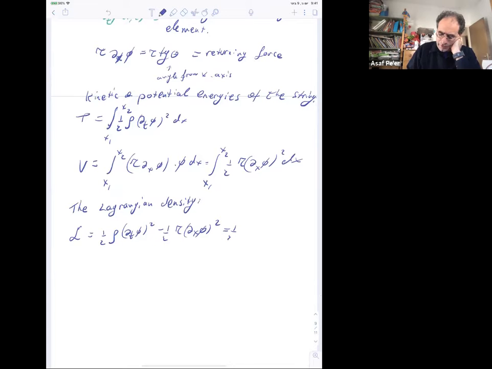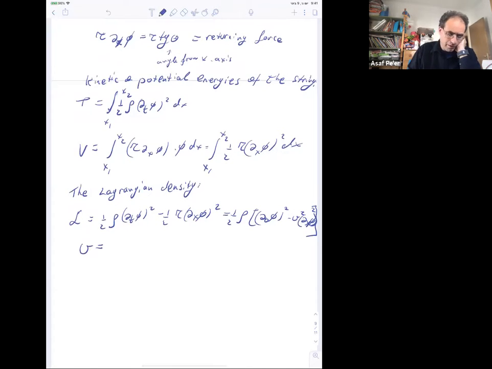So it's 1/2 rho times d0 phi squared minus v squared d1 phi squared. v is just the square root of tau over rho, the tension divided by the mass density. Yeah, it's not written very well.